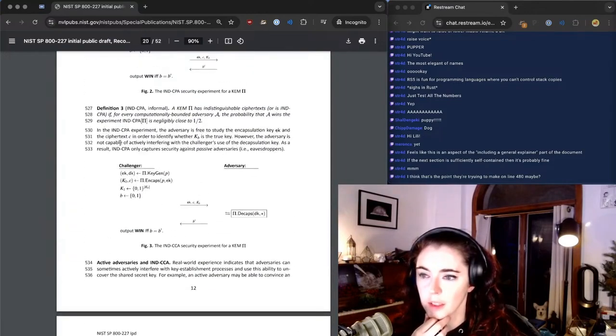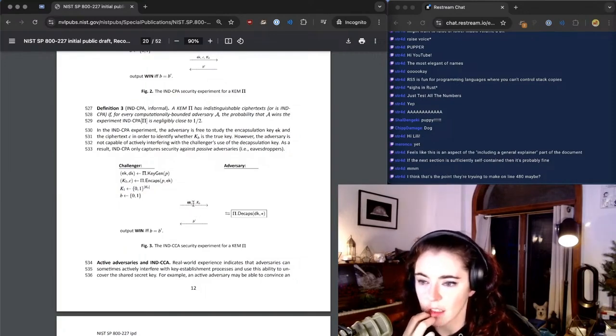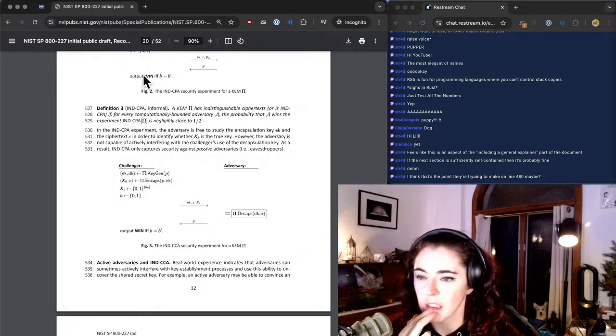This is the experiment. A challenger has honestly generated keys, honestly generates some ciphertext, generates a random key, a shared secret key that's different, and a random bit, and sends the encapsulation key, ciphertext, and the key. The game notation could be improved, in my opinion.